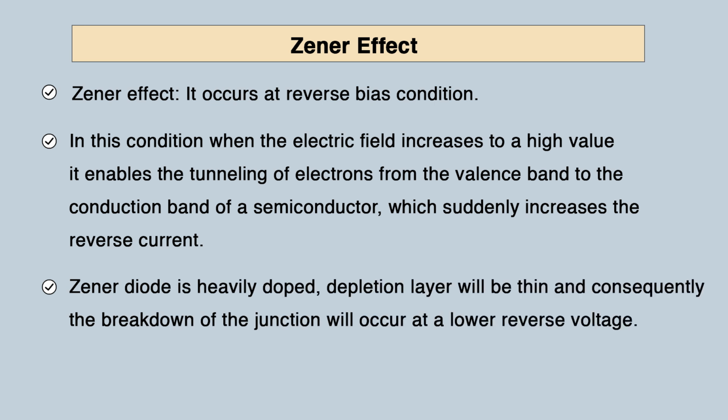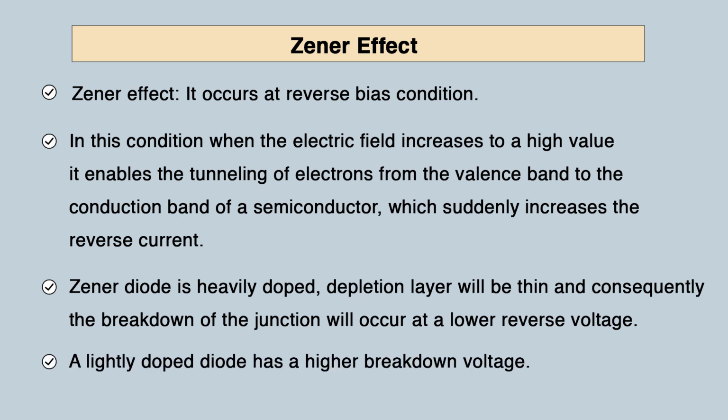Zener diode is a heavily doped diode. Depletion layer will be thin and consequently the breakdown will occur at a lower value. See, Zener diode is a heavily doped diode, so the depletion layer which will be formed will have very less width.